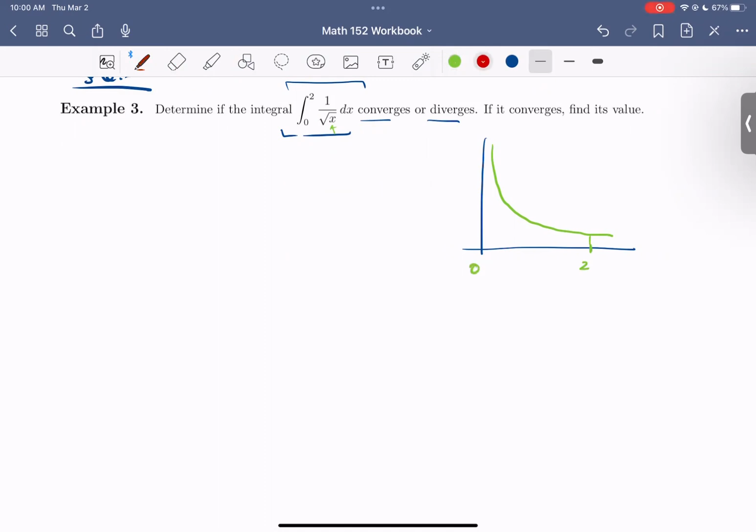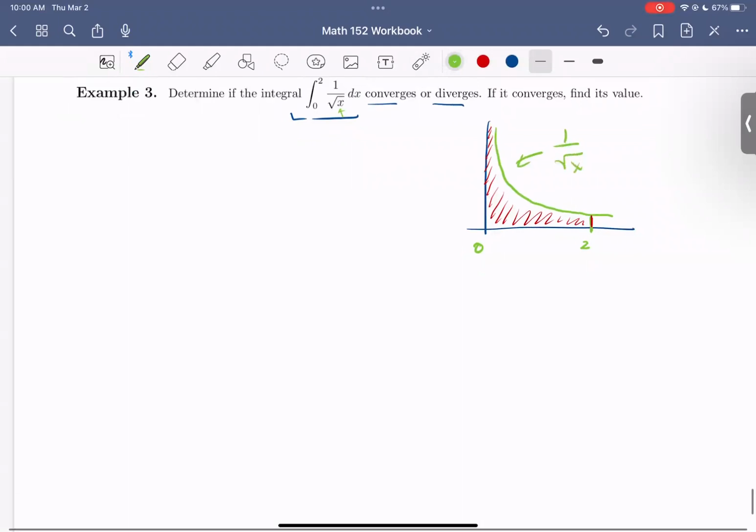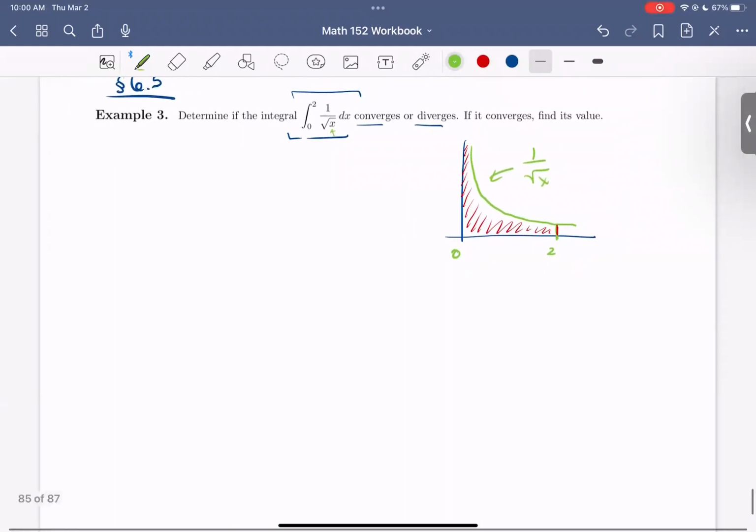So what's the issue with computing the integral from 0 to 2 of this function? Well, 1 over root x doesn't cross the y-axis, so there's no value at x equals 0. So we have improperness in this part here.